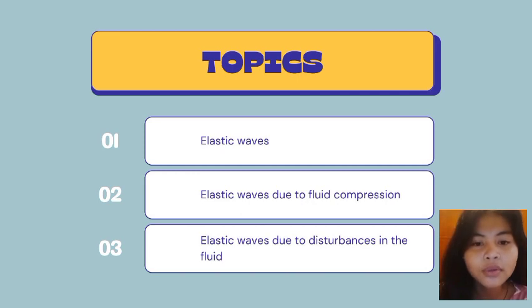With these, we will be able to know the presence or the behavior of elastic waves depending upon the compressibility of the fluid or the matter, and also how elastic waves behave or occur if there is a disturbance exerted within that matter or fluid. So without further ado, let's start our discussion.